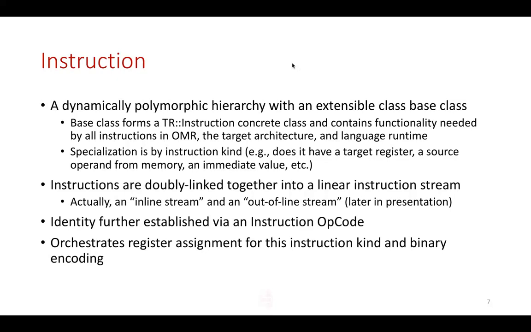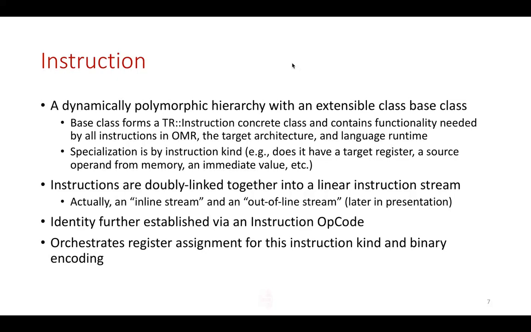So what we've done is create a TR instruction concrete class that contains basically functionality that all instructions in OMR use, and it's specialized by the target architecture and your particular language runtime.